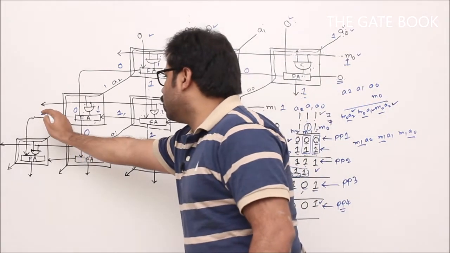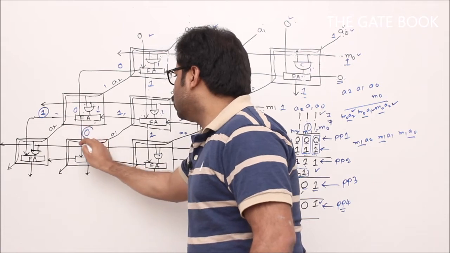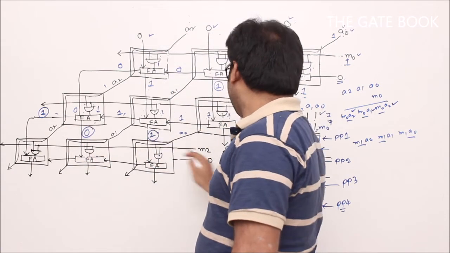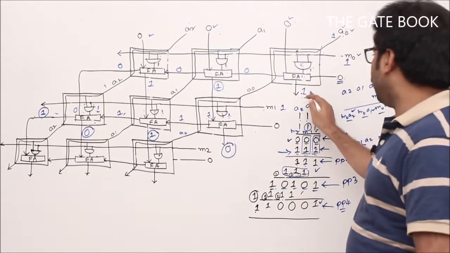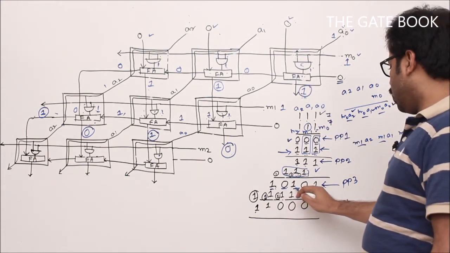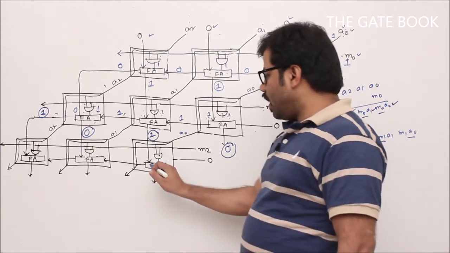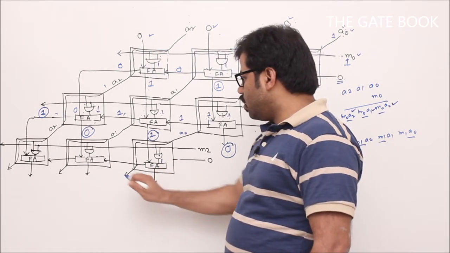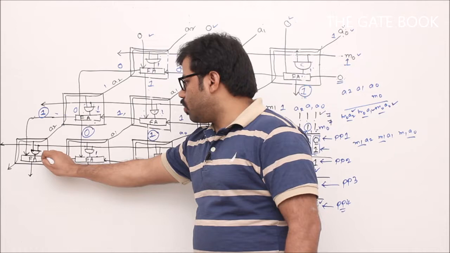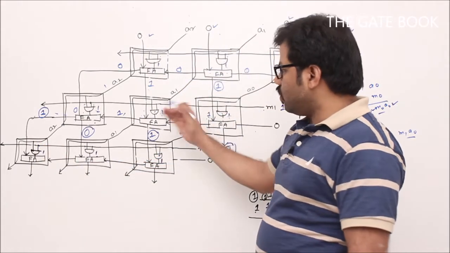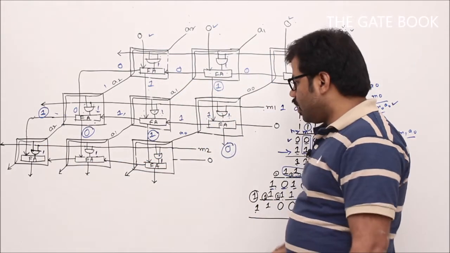Just mark this one. 1 0 1 0. Yeah, 1 1 0 1 0 1. For that 1 0 1 0 1, we have to add again triple 1. So here we are adding triple 1. See 1 1 1. This is triple 1. Okay. So you can understand slowly what is going to happen.